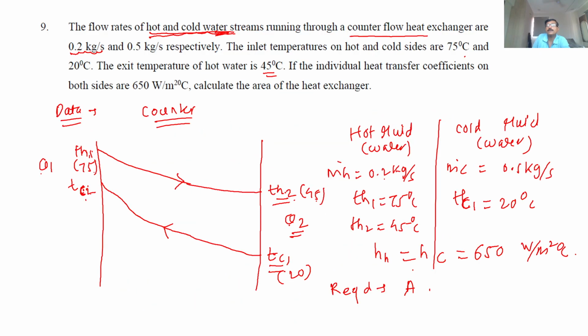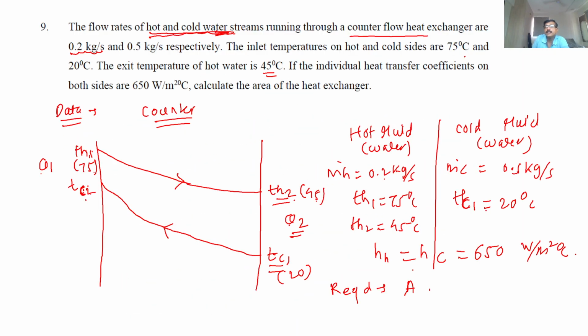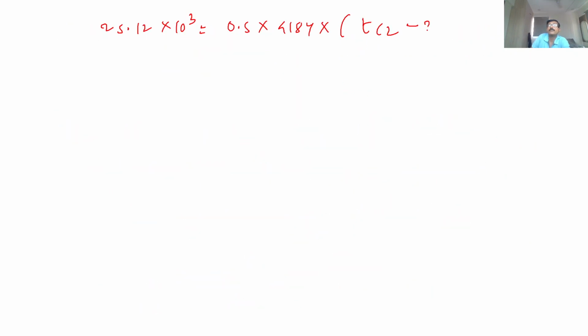So Q is 25.12 into 10 raised to 3, equal to m dot C. What is m dot C? Look here, 0.5 into the specific heat of water, 4187, into TC2 minus TC1. TC2 is unknown, and TC1 is given as 20 degree Celsius, which you have put here.